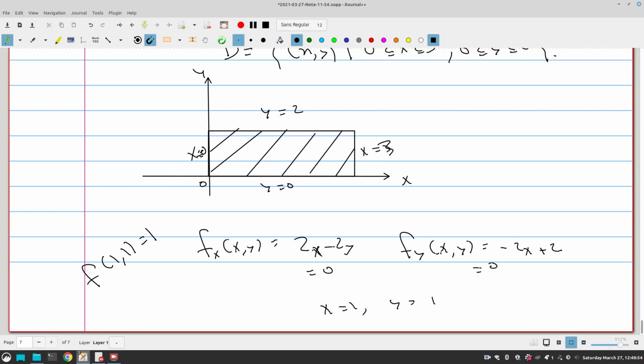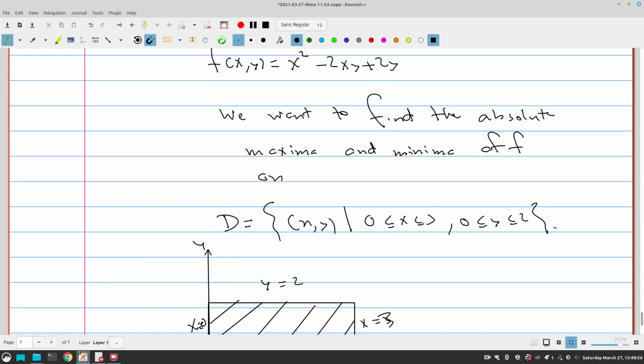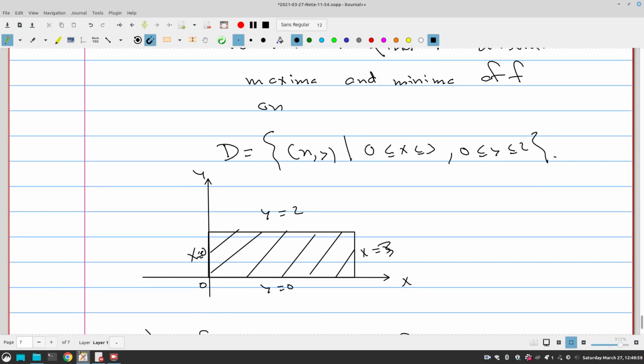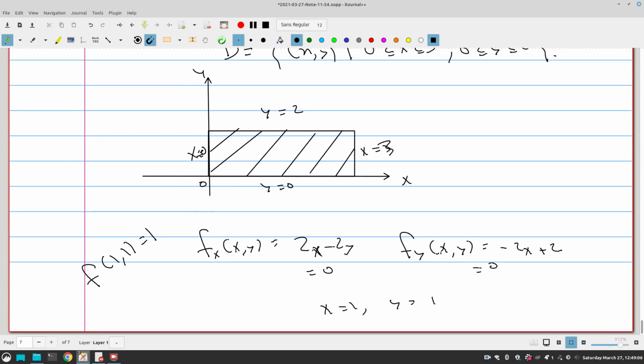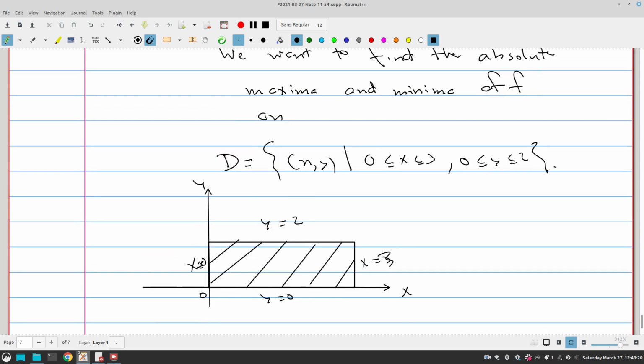Now is (1, 1) inside the domain D? Yes, (1, 1) is within this rectangle. It is somewhere here, so (1, 1) is inside D. Now let's check out the values of f on the borders of the domain.